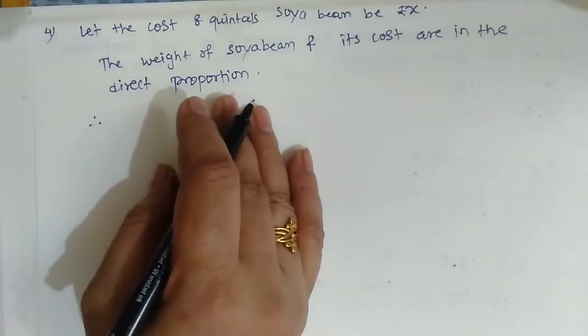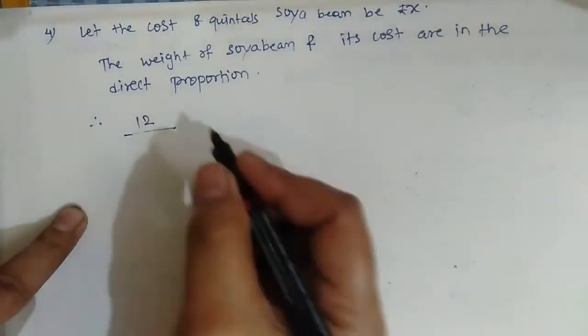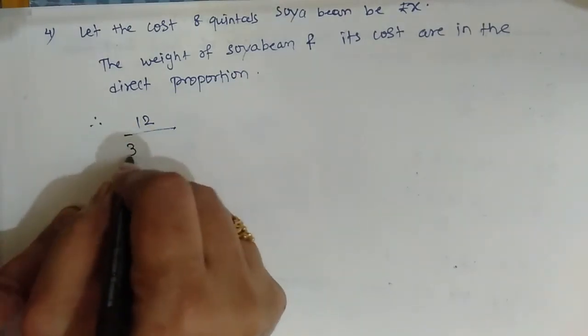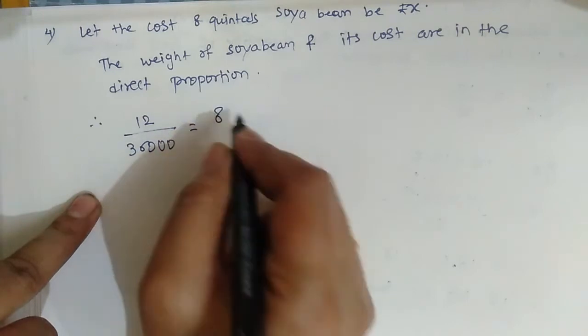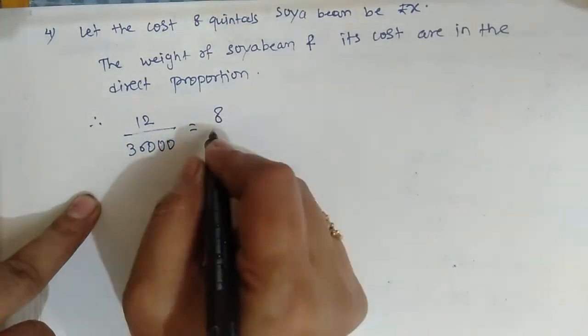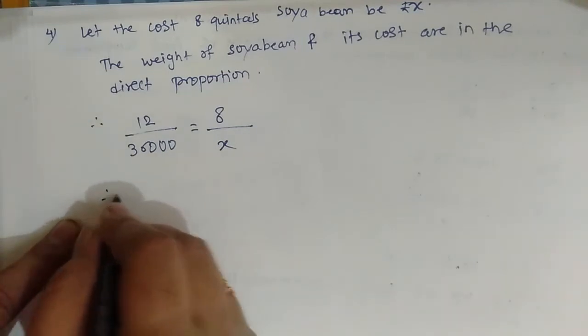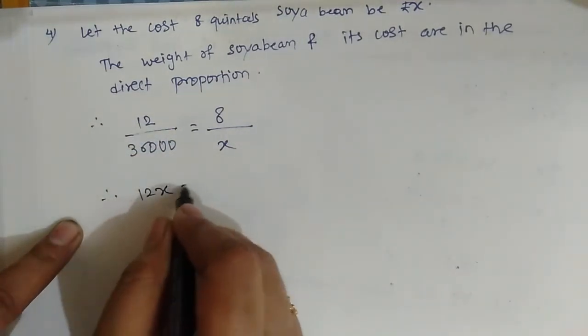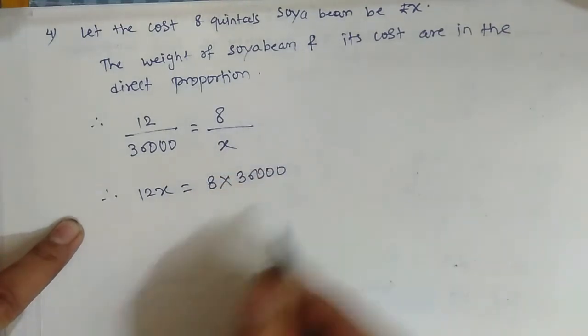Therefore, we obtain the ratio 12 quintal cost is 36,000 is equal to 8 quintal cost is X rupees. Correct? So take the cross multiplication. 12x is equal to 8 multiplied by 36,000.